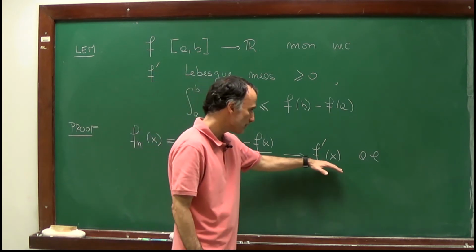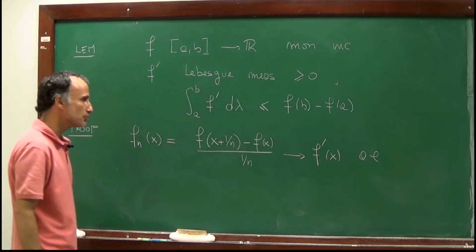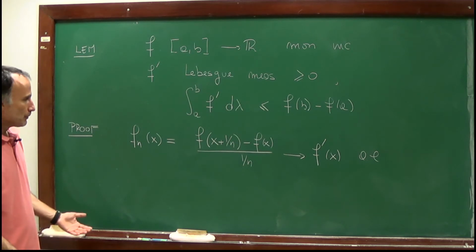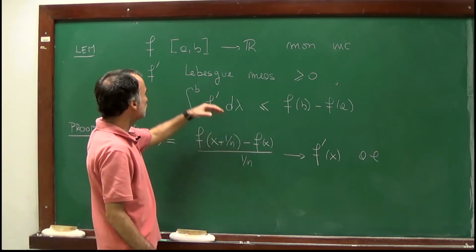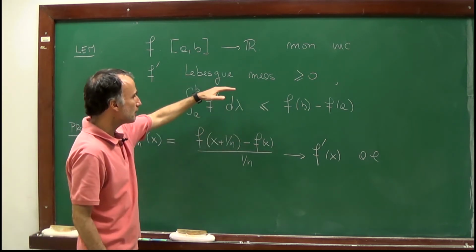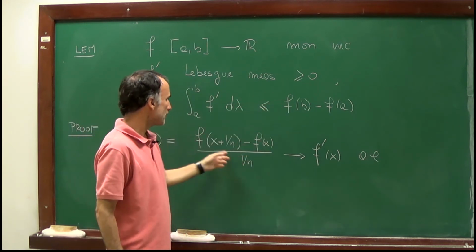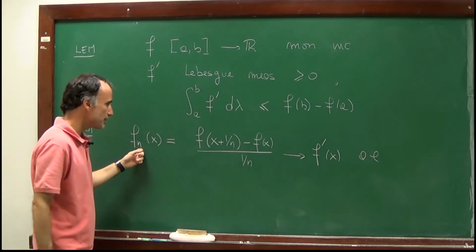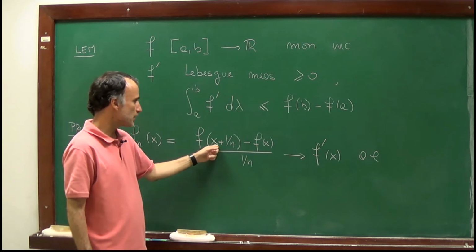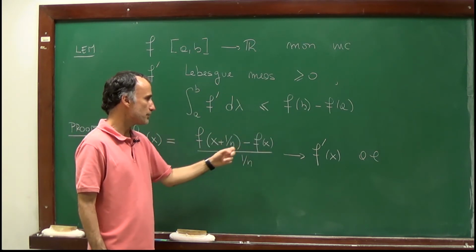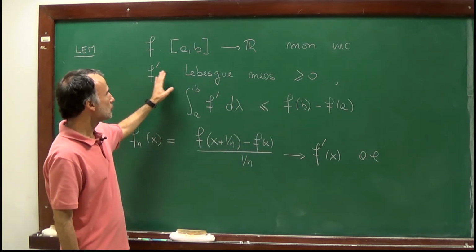Here it's important that our sigma algebra is complete. So we proved that f prime is Lebesgue measurable. It's clearly non-negative because the sequence f_n is non-negative, because f is monotone increasing, so this difference is positive. So that proves the first claim.